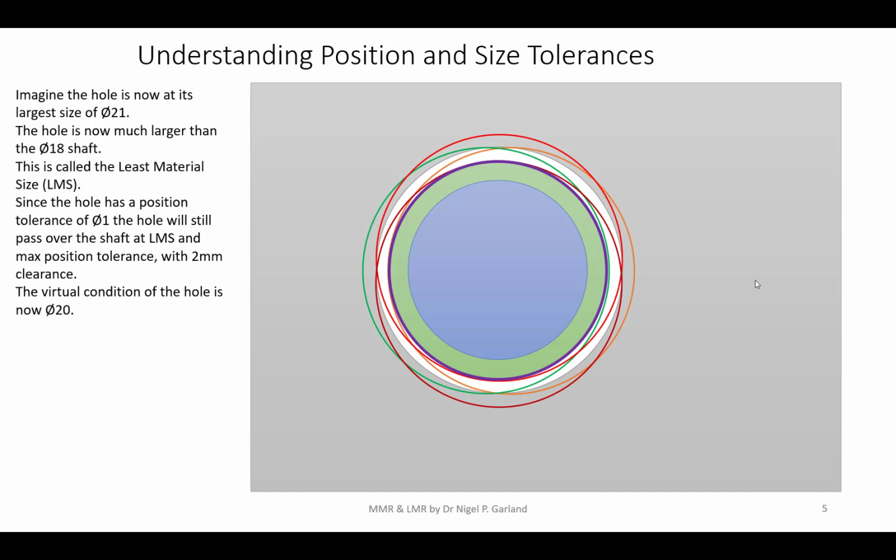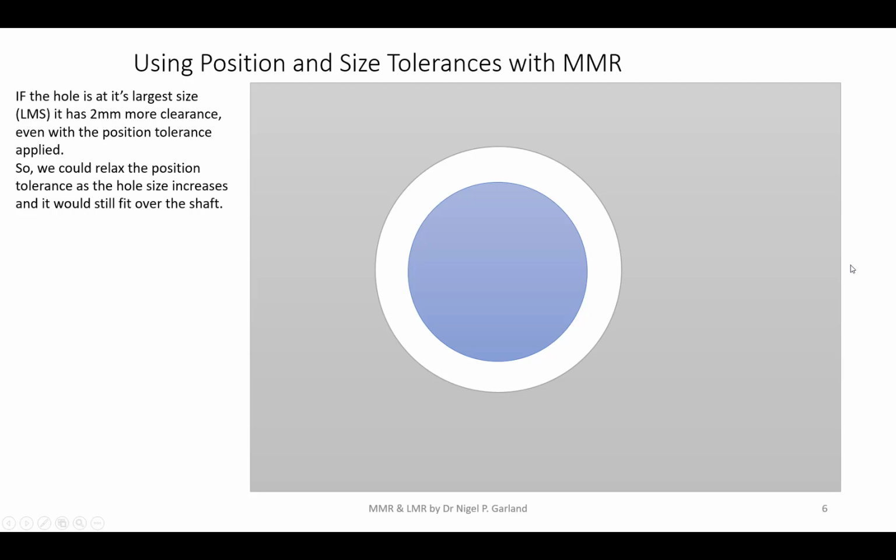So the virtual condition of the hole has now expanded to 20mm in diameter. That's much larger than we actually need for the functional limits. If the hole is at its largest size, which we call LMS, least material size, it has an additional 2mm of clearance, even with the position tolerance applied.